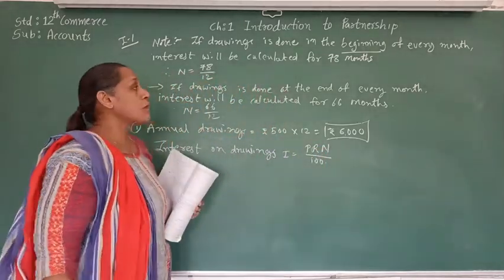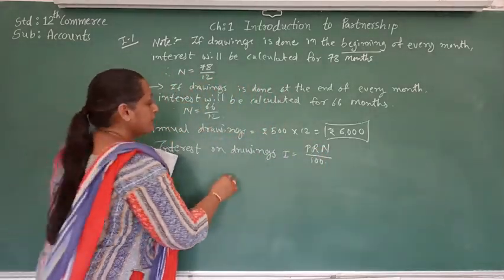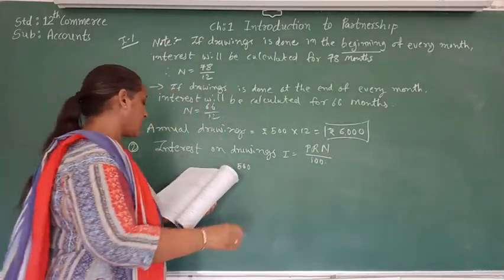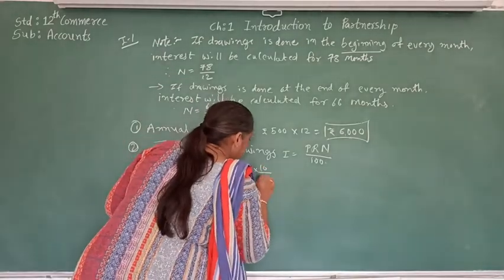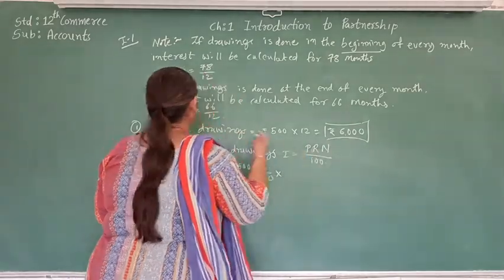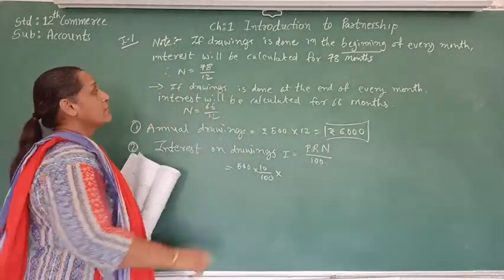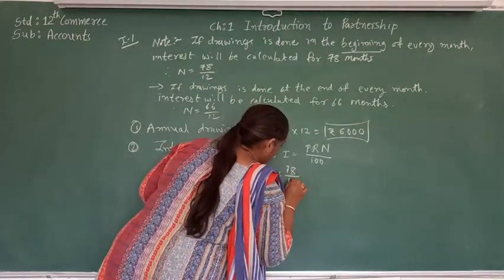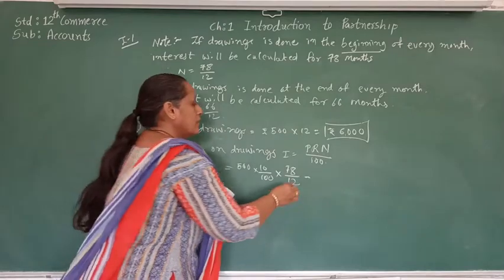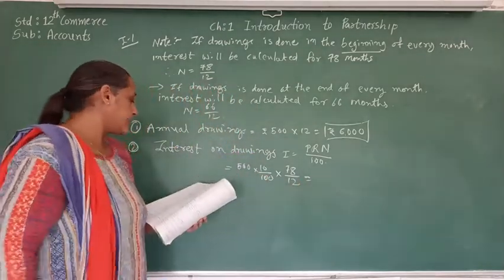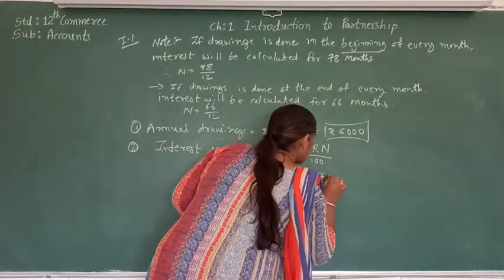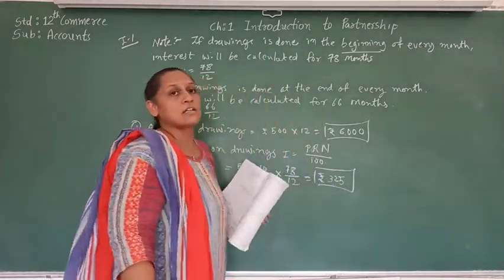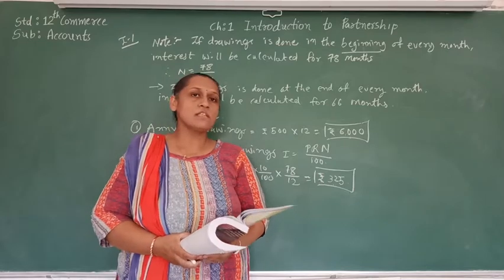Here the principal amount is rupees 500 and the rate of interest is already given in the sum, that is 10%, and we already discussed that it is the beginning of every month, so we are going to consider 78 upon 12. So here the answer will be rupees 325. So this is our answer. So students, you may note this down in your notebook.